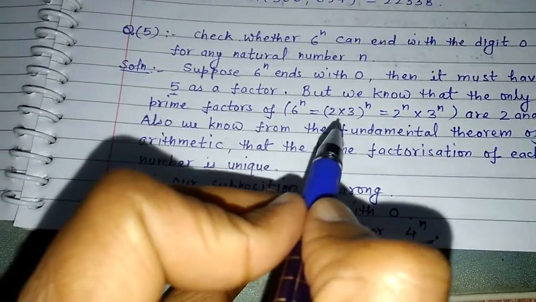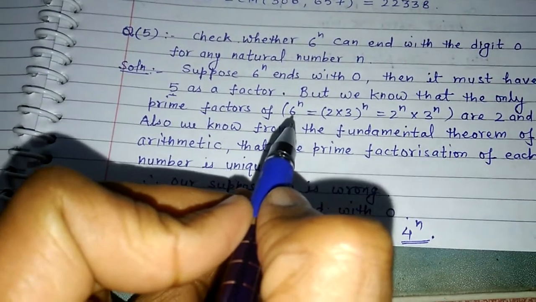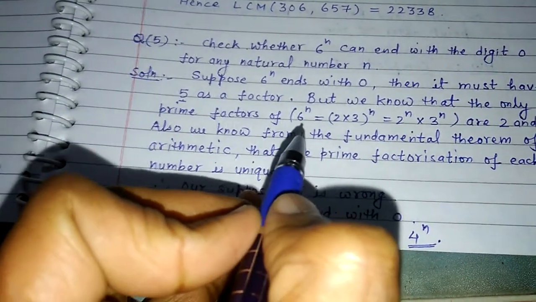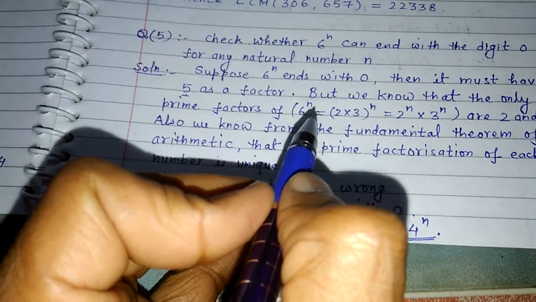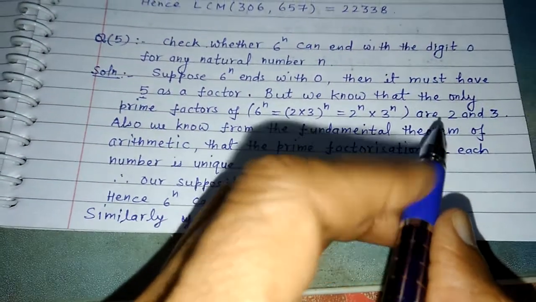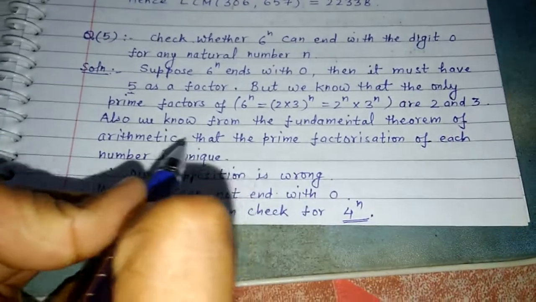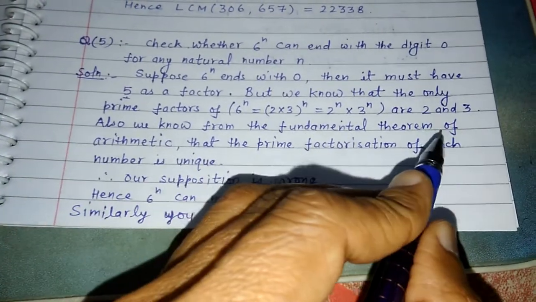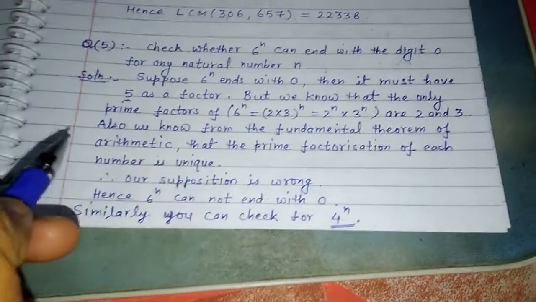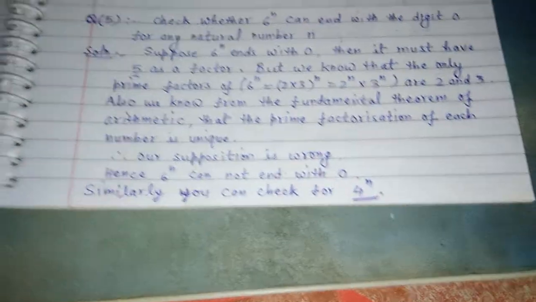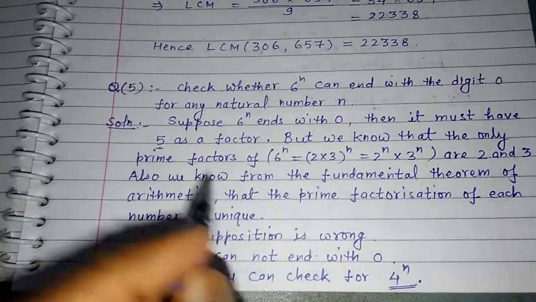So this implies that some power of 6 has the prime factors only 2 and 3. But we know from the fundamental theorem of arithmetic that the prime factorization of each number is unique.